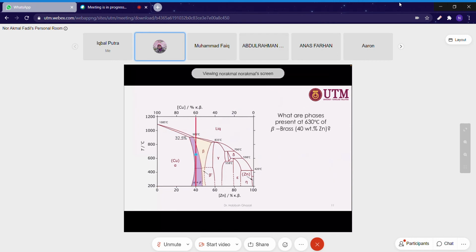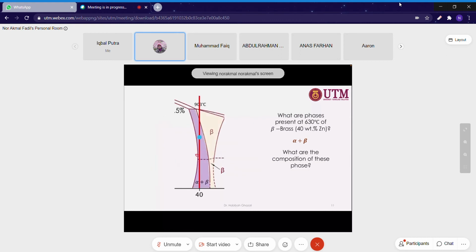So again, same practice when we have a complex phase diagram like this, alpha plus beta. At this temperature here it is alpha plus beta. What are the compositions of these phases? We can use the tie line, and we just straight away read at the bottom.